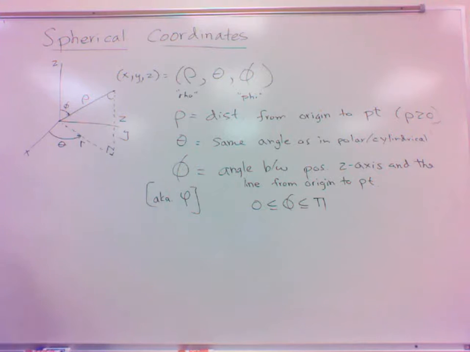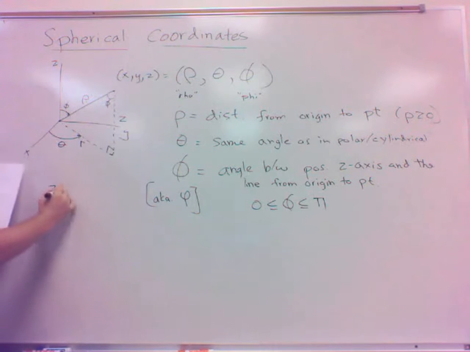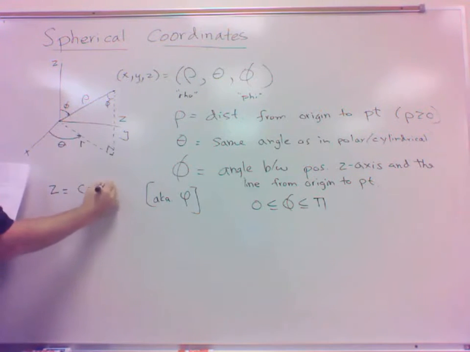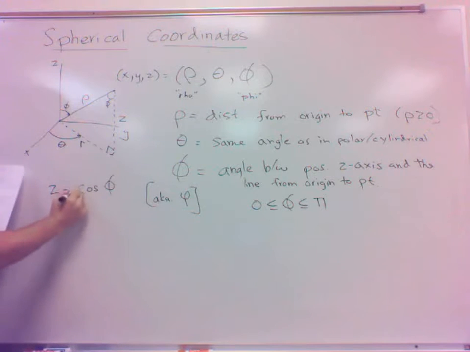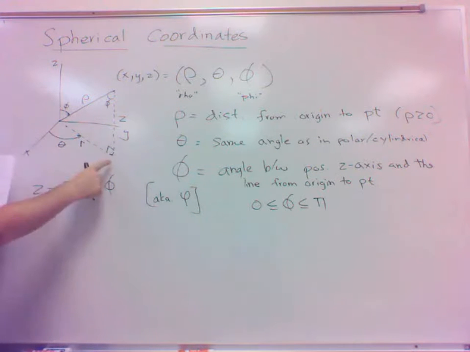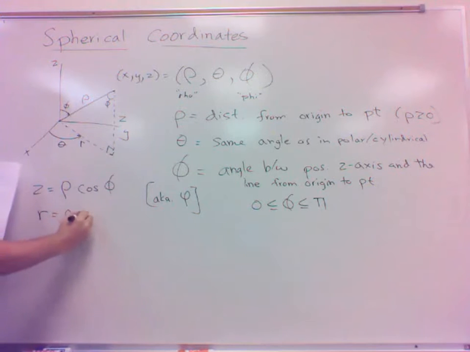We might notice then that z would equal rho times the cosine of phi, and r would equal rho times sine of phi, just from the trig function relationships there.